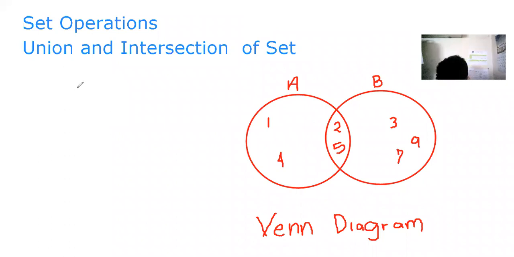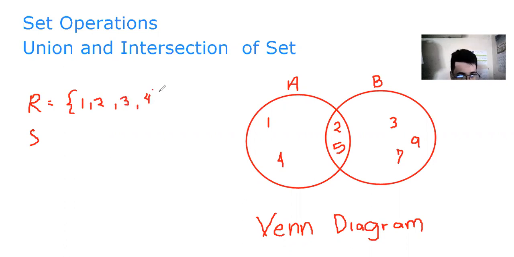Set R and set S. Set R is 1, 2, 3, and 4. Then set S naman, 3, 4, 5, 6.